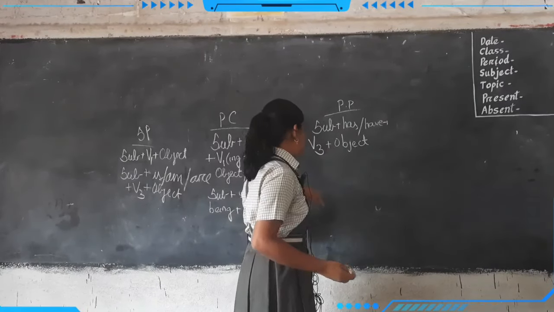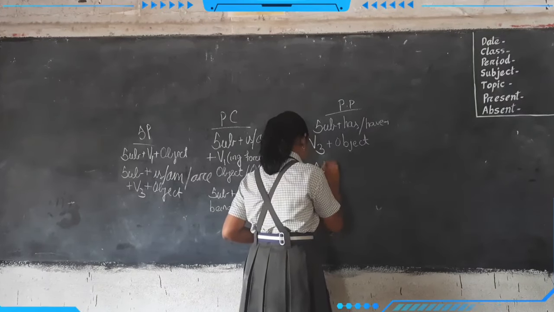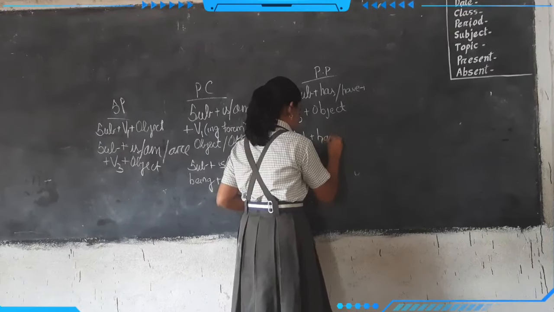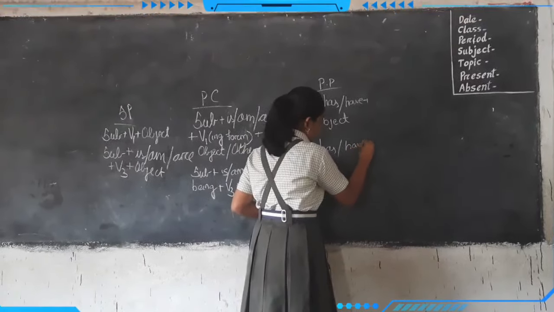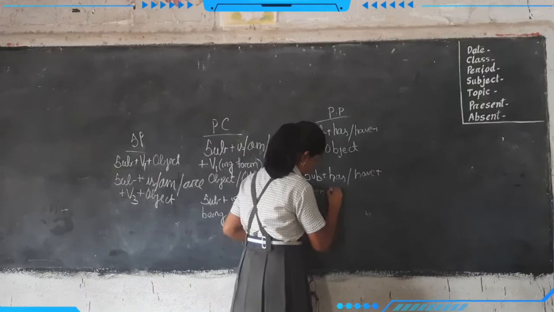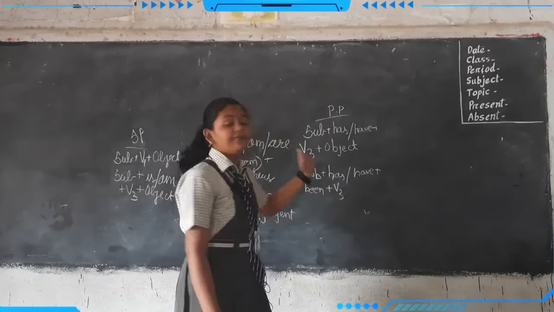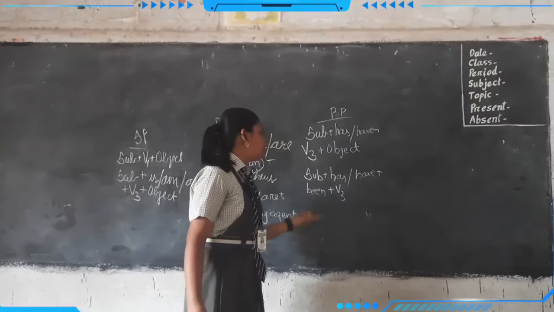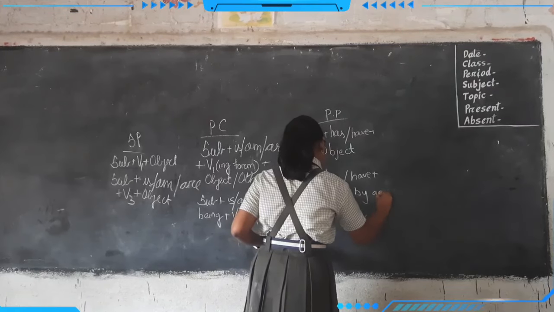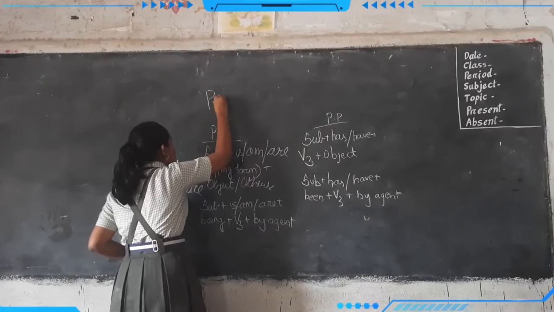In the passive voice, the structure becomes subject plus has or have plus been plus V3. For example, I have played football, and here it becomes football has been played by me. There is a by agent here. This is for the present tense.